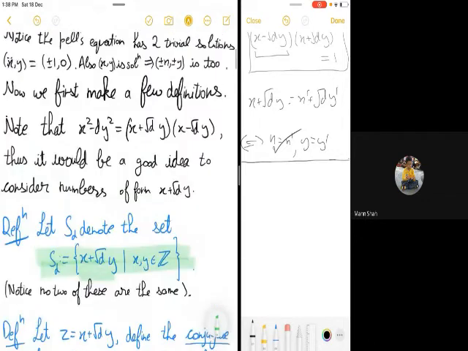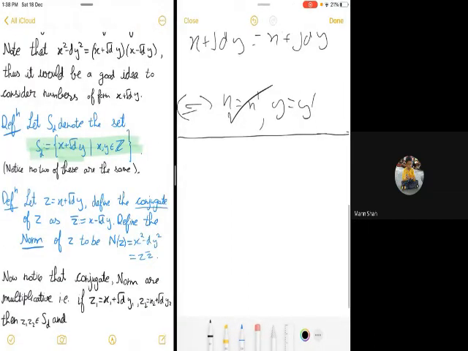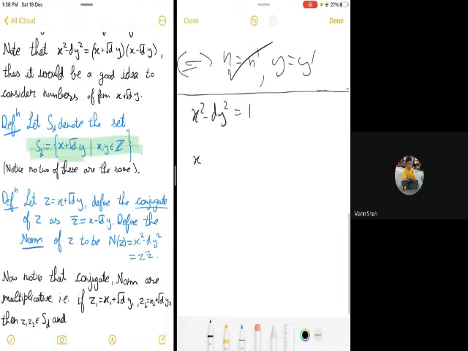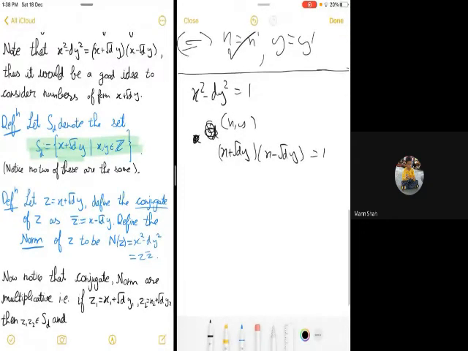Now, we want to solve something like this over elements of S_d. We want to solve this over integers, and this motivates something: we can see that this root d y term and x term are sort of unrelated, they don't talk to each other.